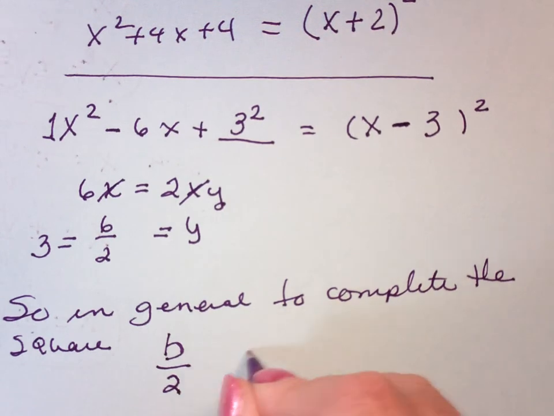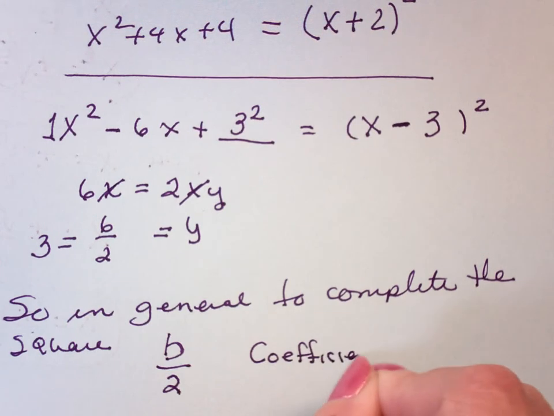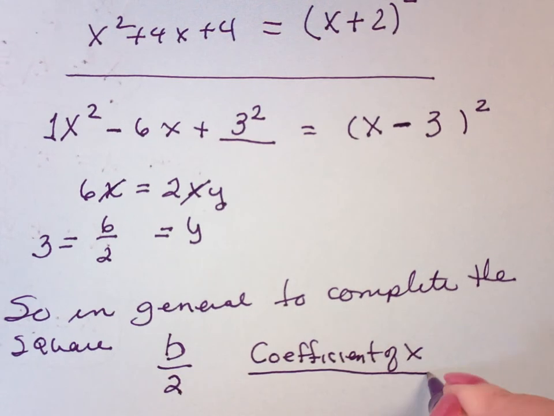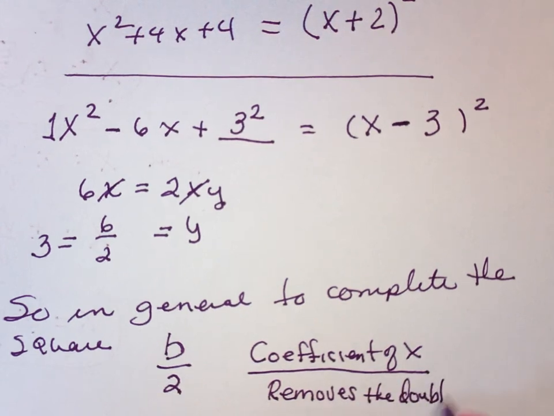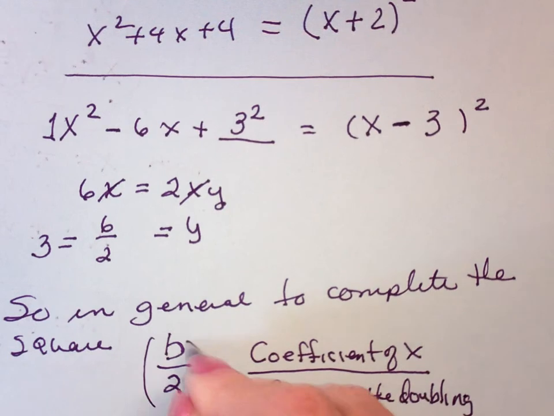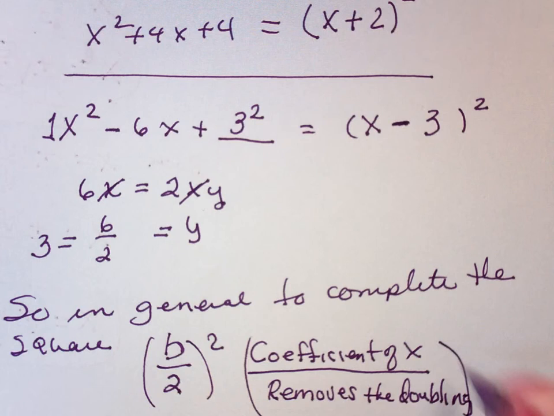So this is the coefficient of x divided by 2. This removes the doubling. And square it. That gives you what you need to add.